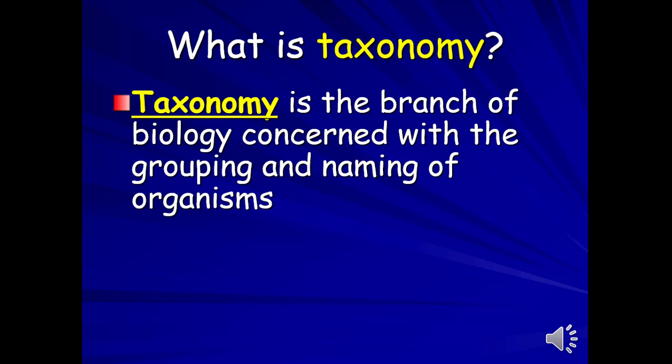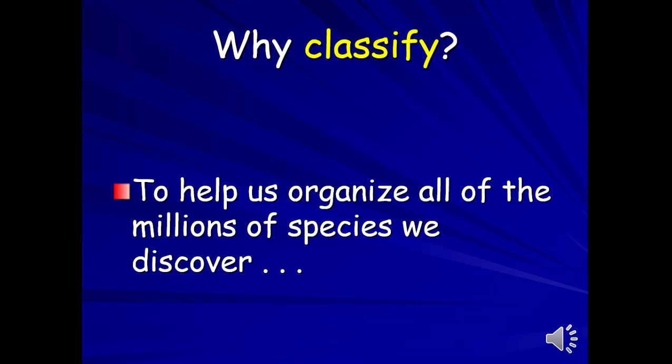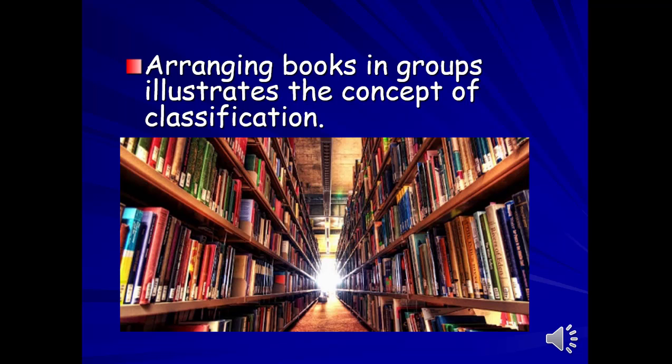Taxonomy is a branch of biology concerned with the grouping and naming of organisms. How did it start? People wanted to organize their world, so they began grouping or classifying everything they saw. Why classify? To help us organize all of the millions of species we discover.